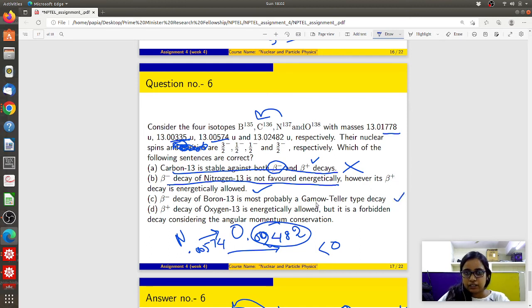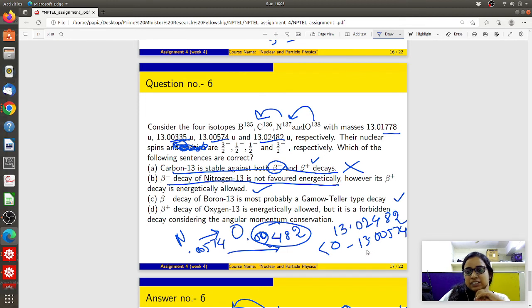Now coming to the fourth one: beta plus decay of oxygen-13 is energetically allowed, but it is a forbidden decay considering angular momentum conservation. Beta plus of oxygen means it will go to nitrogen. Oxygen is 13.02482 minus 13.00574.